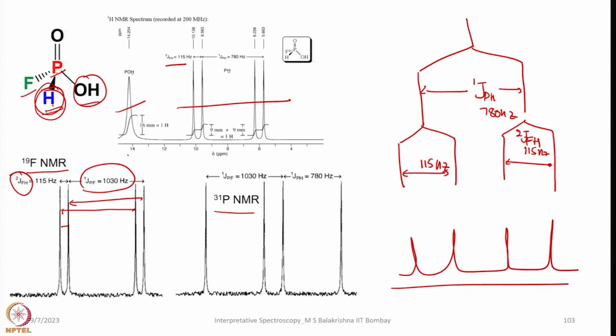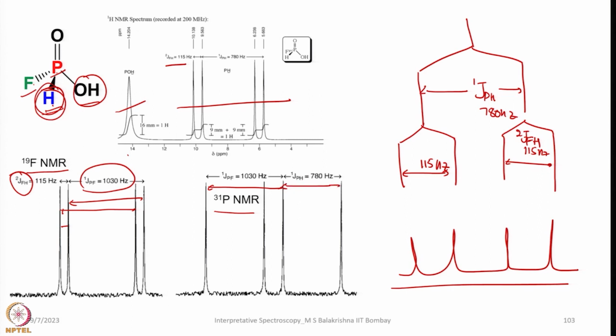Now we can focus our attention on phosphorus NMR. Again, first it will be coupled to fluorine, because here PF coupling is much larger. So it first splits into a doublet, and this is the coupling, 1030 Hertz. Then each line in a similar fashion will be split by hydrogen, and this is the 1J PH coupling, 780 Hertz.